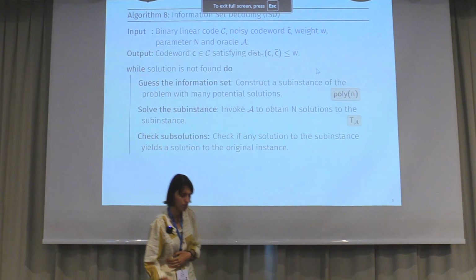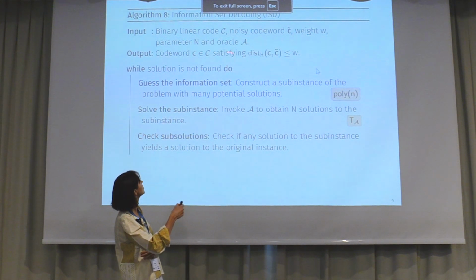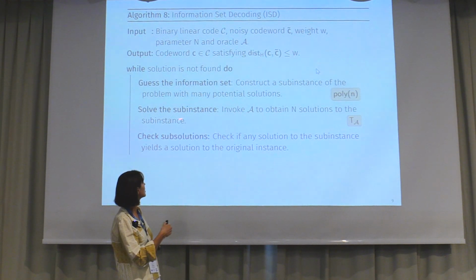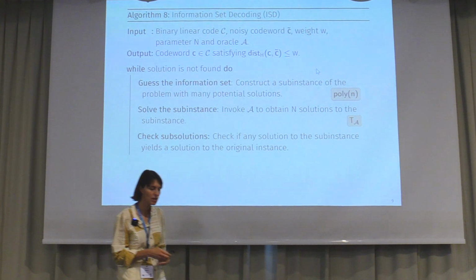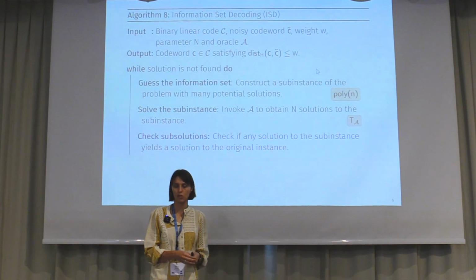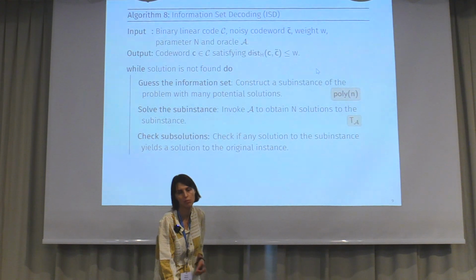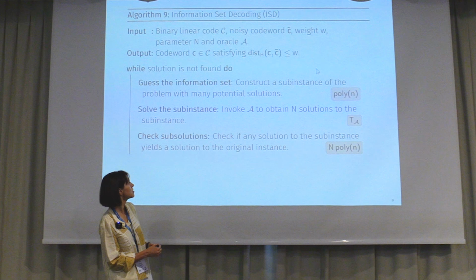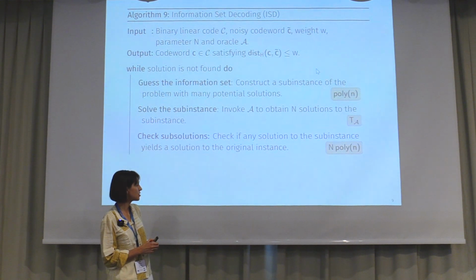So this capital N will be the number of solutions that you obtain when you're solving the subinstance of your problem. So checking them would take time that is the number of these solutions, capital N, times poly(n), because the checking can be done efficiently. So that leads us to this running time.